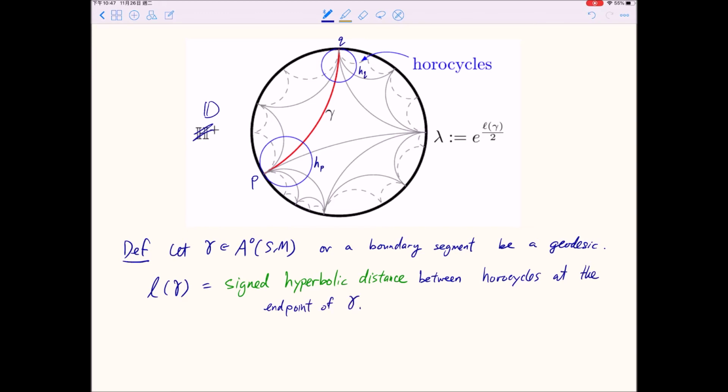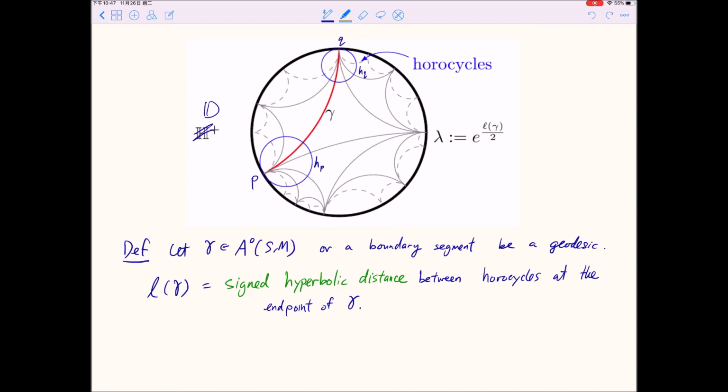So what does this mean? If you look at the picture above, then the red curve here will be an arc of the triangulation. Or if you look at this, then it will be a boundary segment. Well, in this case, probably not, because the surface has no boundary. But anyway, we have a geodesic of your triangulation.